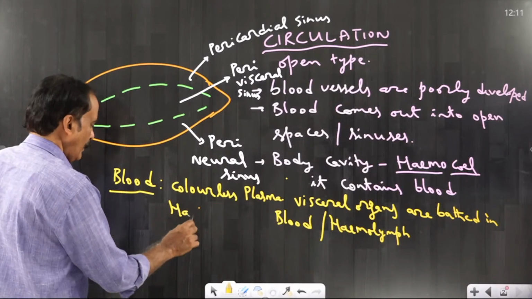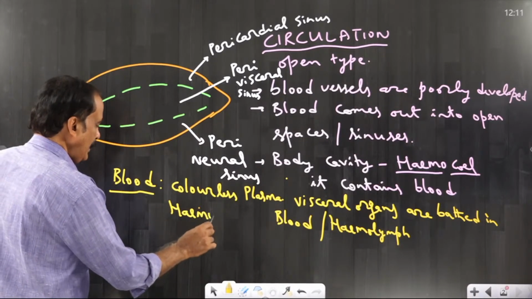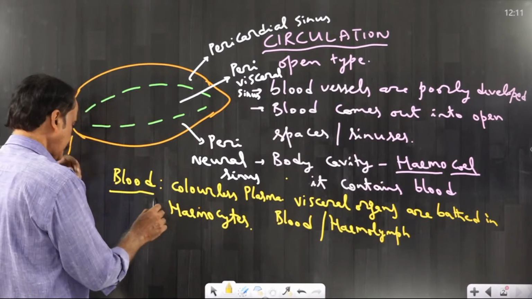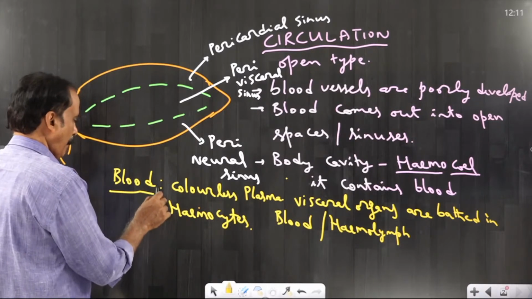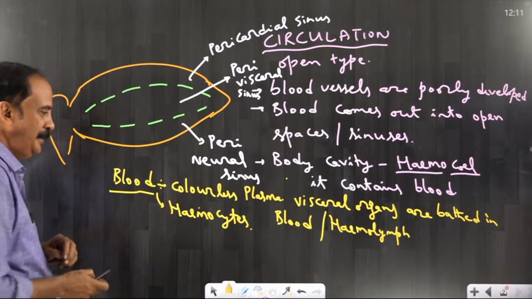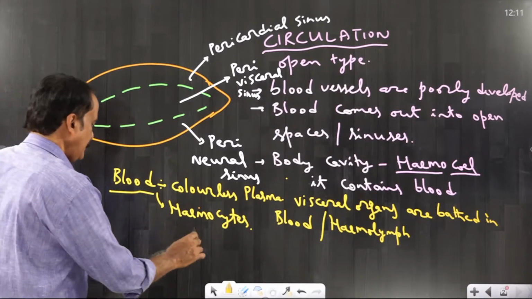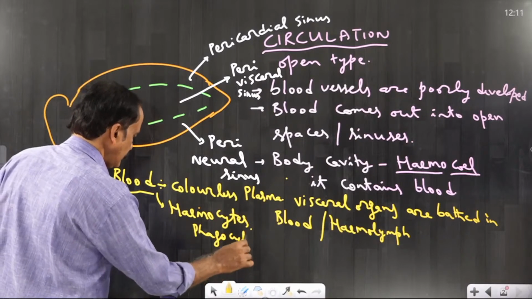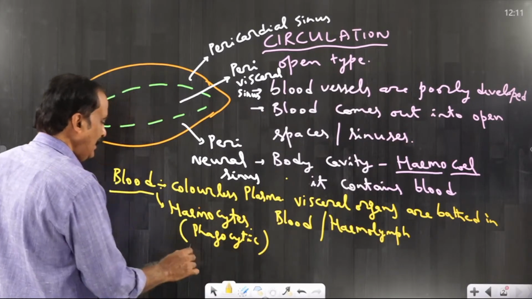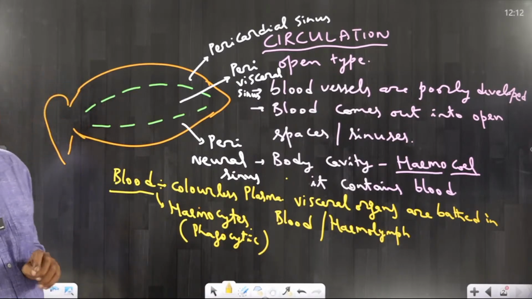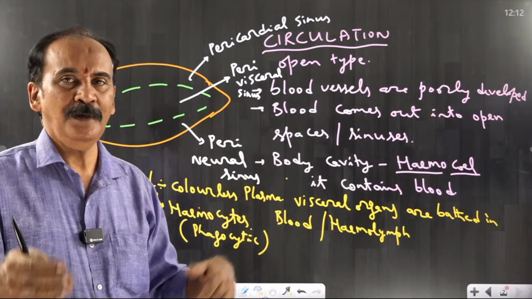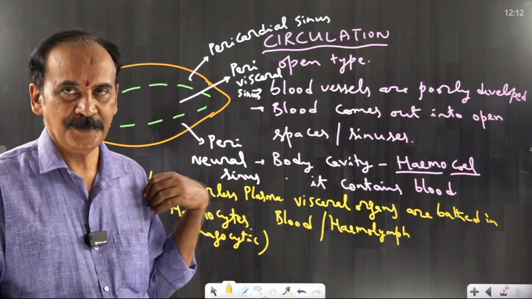So the colorless plasma has some cells present in it which are called hemocytes. These hemocytes act as phagocytic structures. They act like our WBC, where they are able to eat away foreign structures and protect the animal from harmful pathogens.